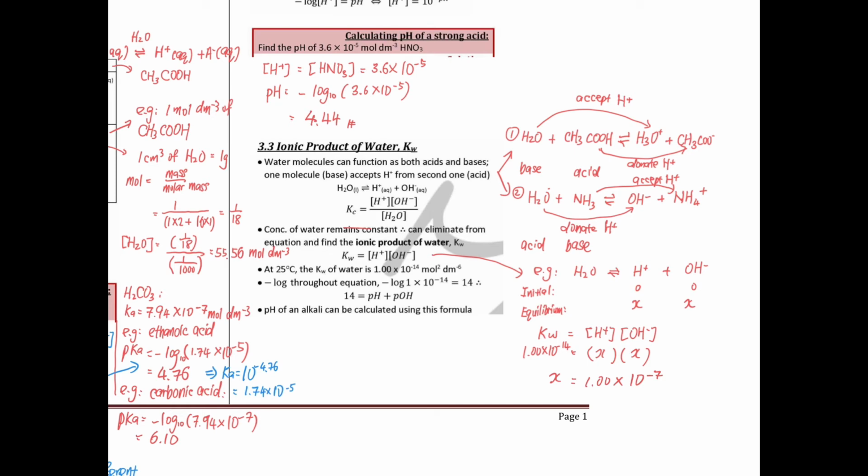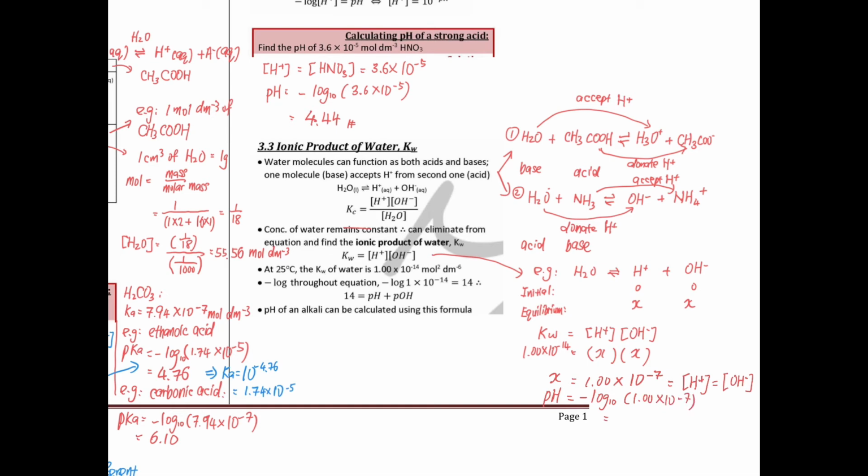Now, if we are going to find out the pH, that is not going to be too hard, because we already know the concentration of H+ and of OH-. The pH is negative log of the concentration of hydrogen ion, which is 1.00 times 10 to the power of negative 7.